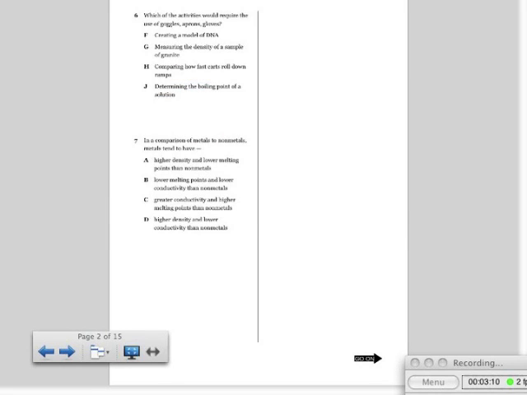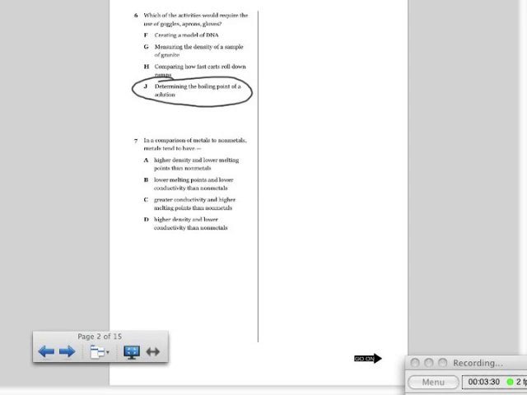Okay, question number 6. Which of the activities would require the use of goggles, aprons, and gloves? What did you guys come up with? Okay, so J. The reason why J is the best answer, if we look at F, it says creating a model of DNA.